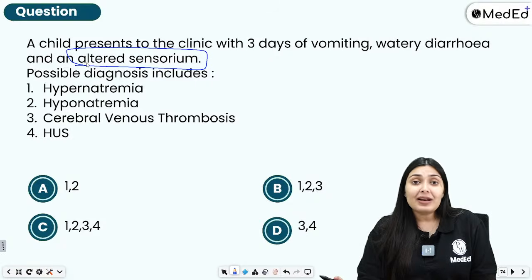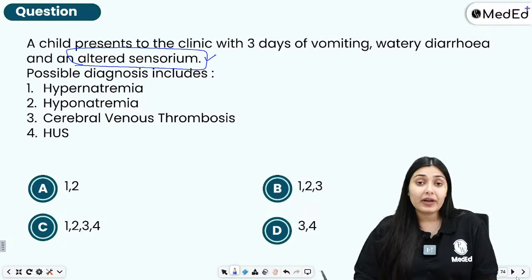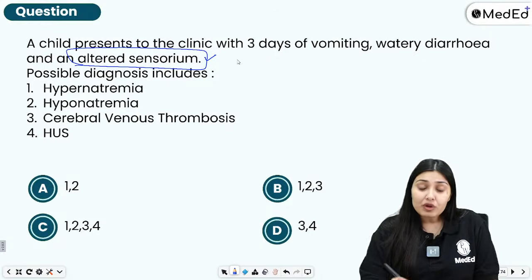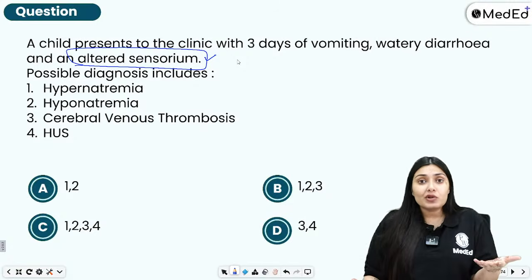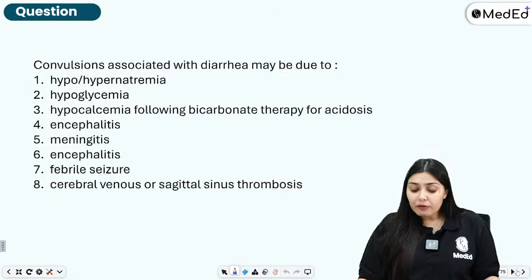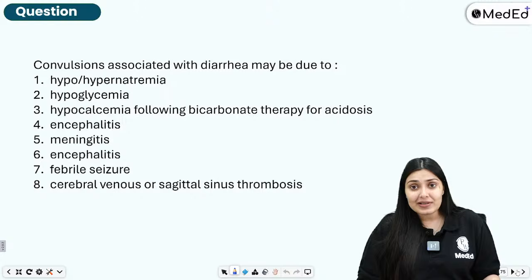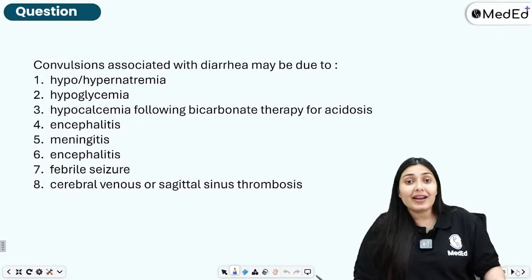So basically they're asking the causes of altered sensorium in a child with watery diarrhea. So remember, whenever you encounter such a picture, an altered sensorium or seizures in a child with vomiting and loose stools, you have to think of these 8 conditions. These are taken from the Ghai textbook only. They have actually numbered these 8 conditions.